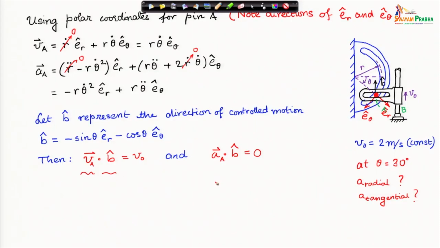Therefore, whatever be the acceleration of the pin A, its dot with b cap once again should be 0, because it does not have any acceleration in the vertically upwards direction, in the direction of b cap.